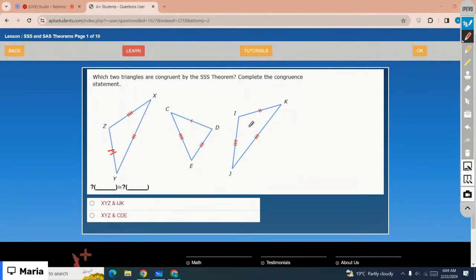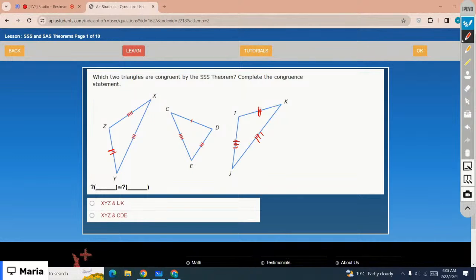YZ is congruent to IK, XY is congruent to JK, and XZ is congruent to IJ. That means triangle XYZ and triangle IJK are congruent. Got it? The correct option is option number 1.